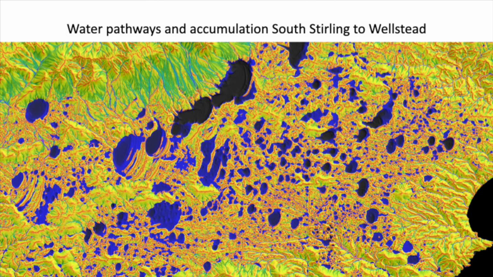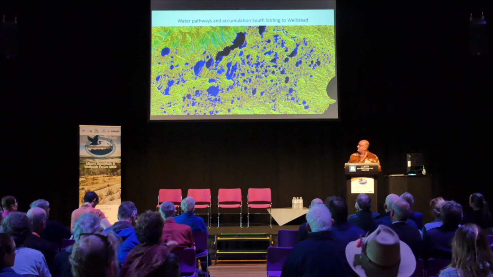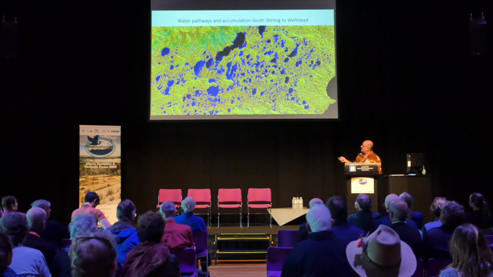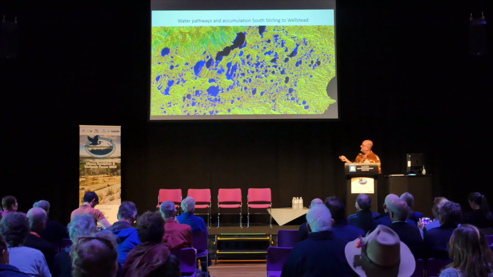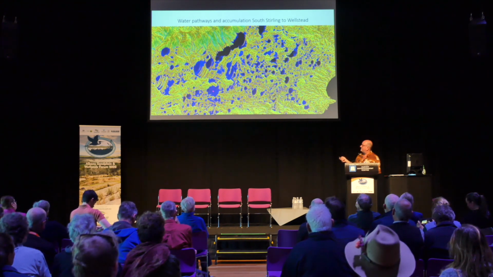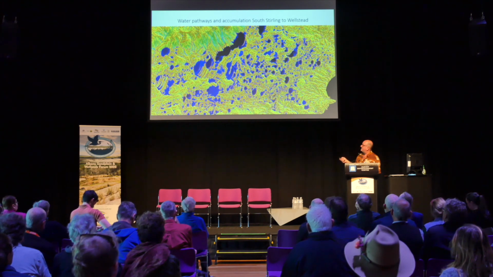Similarly for South Stirlings, and you can see these depression areas are larger than just the individual wetlands. So you can quite often see in these analyses, particularly in this area here, there's a number of different small depressions there that area would really have to take a lot of water before it actually started being connected externally.